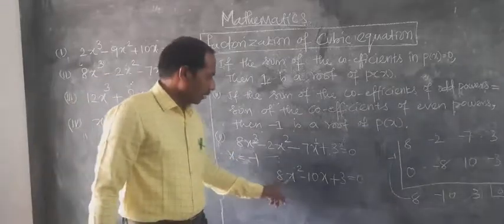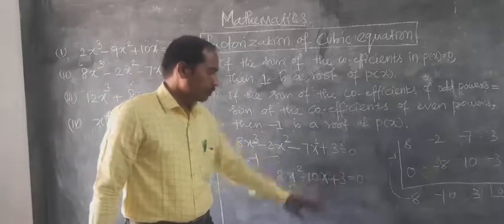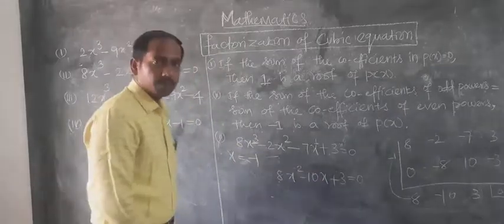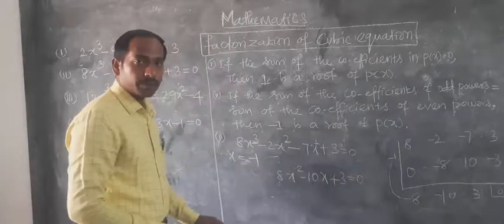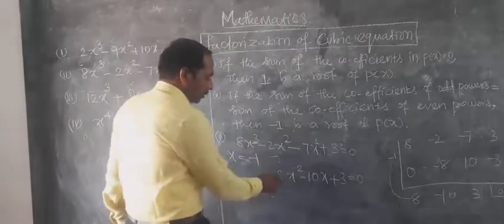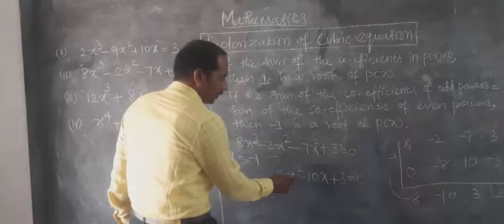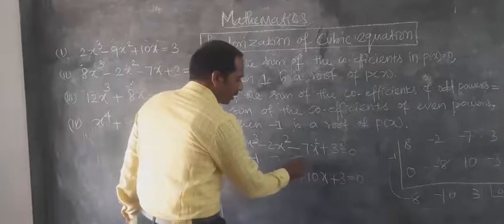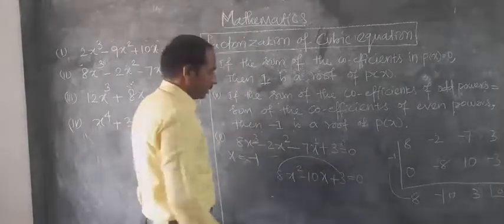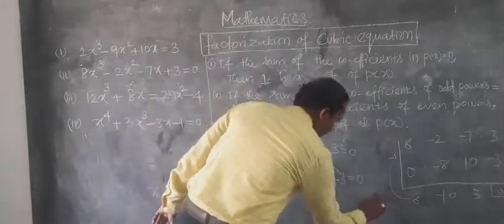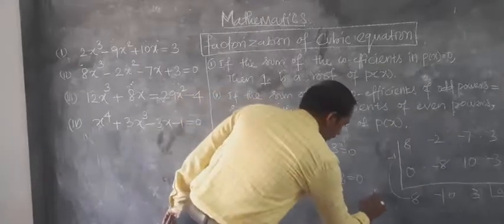So 8x square minus 10x plus 3 equal to 0. One more time we want to check how to factorize the quadratic equation. Here the coefficient of x square is 8, into the constant, so you write 24.